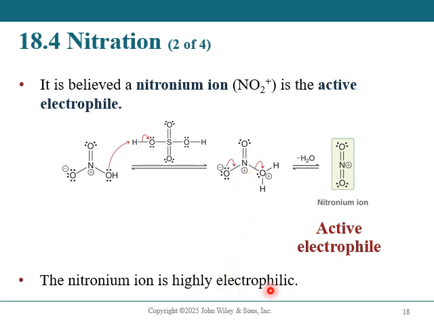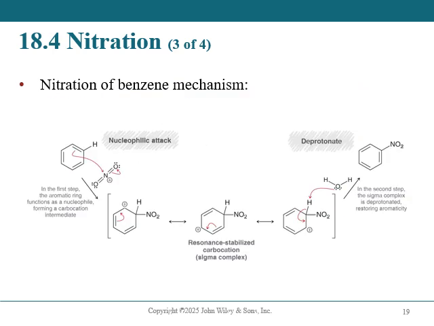Nitronium is highly electrophilic, right? So always looking for that positive charge to go away, and it will do so through an electrophilic aromatic substitution process. Now here, you can see, no surprises, right? Same exact process, nucleophilic attack, formation of your sigma complex, deprotonation and return of aromaticity.